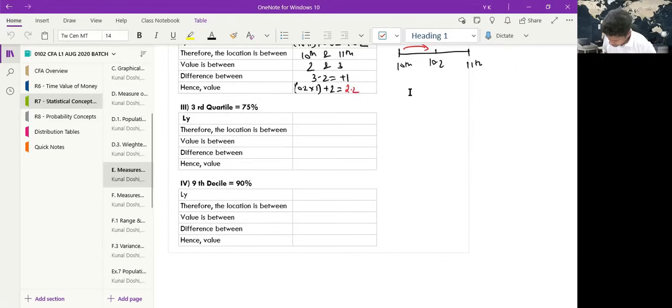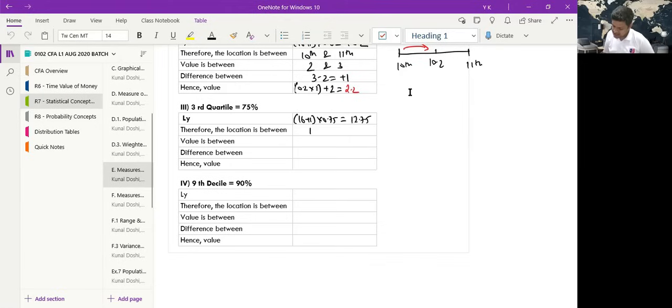16 plus 1 multiplied by 0.75. And if you calculate this, 17 into 0.75, you'll get 12.75. Am I correct? Yes. And therefore your location is between 12th and 13th number.